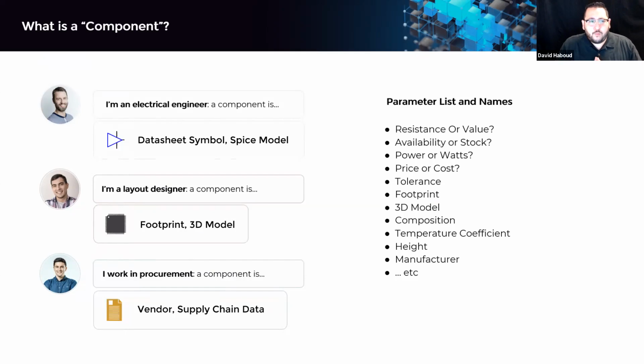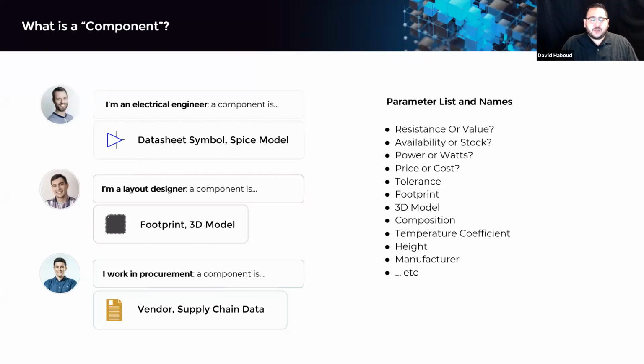So one of the main reasons we came about with Concord Pro was we found that when you just ask someone what is a component, depending on the type of job each person is doing, they had a different response.